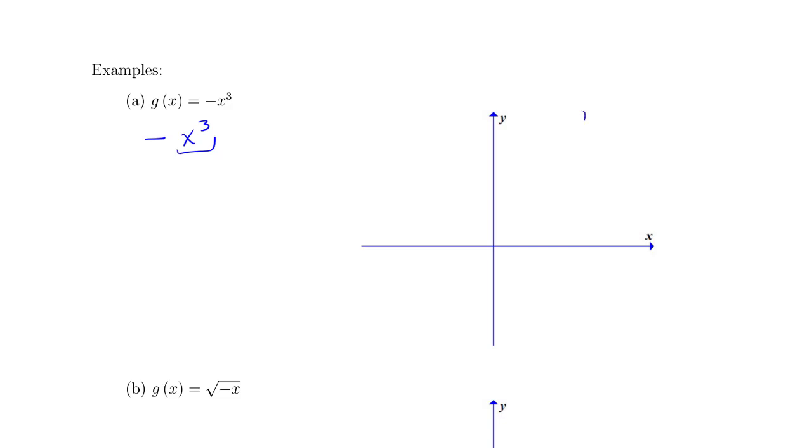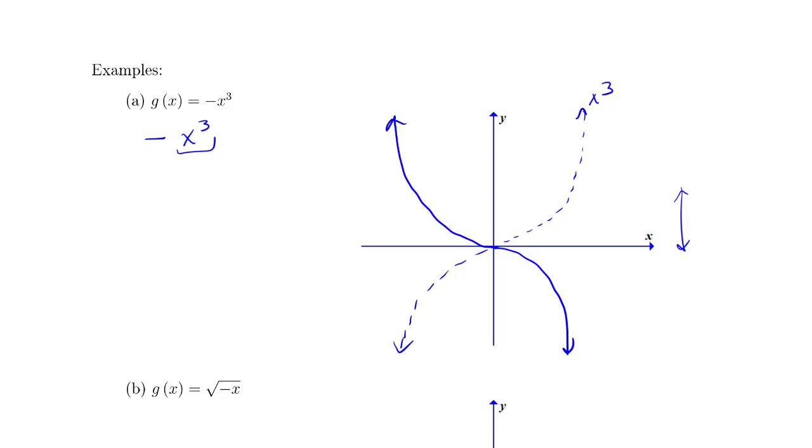So let me take the original x cubed, which looks something like this, and now I'm going to flip it vertically. All right, so anything that was above the x-axis goes below with the same shape, and anything below goes now above, and there's negative x cubed.